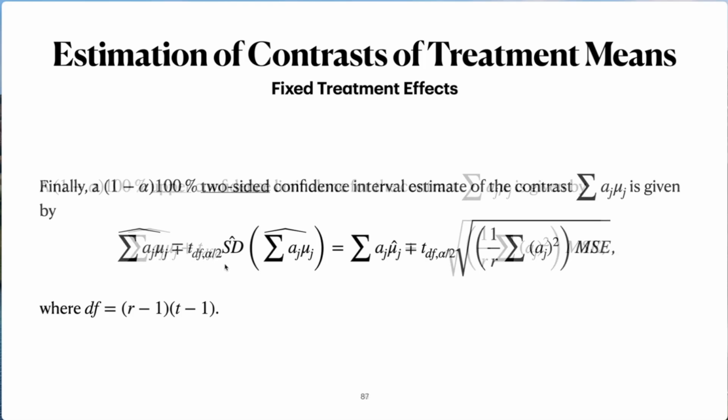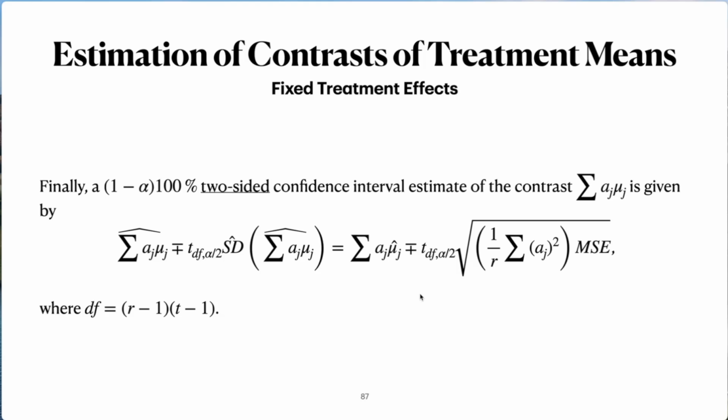Now, if we want a two-sided confidence interval estimate of the contrast, we start off with our point estimator, calculate the margin of error, and then go a distance to the left and to the right of our point estimator. In other words, we subtract and add the margin of error to and from the point estimate, and that gives us the lower and upper confidence limits.